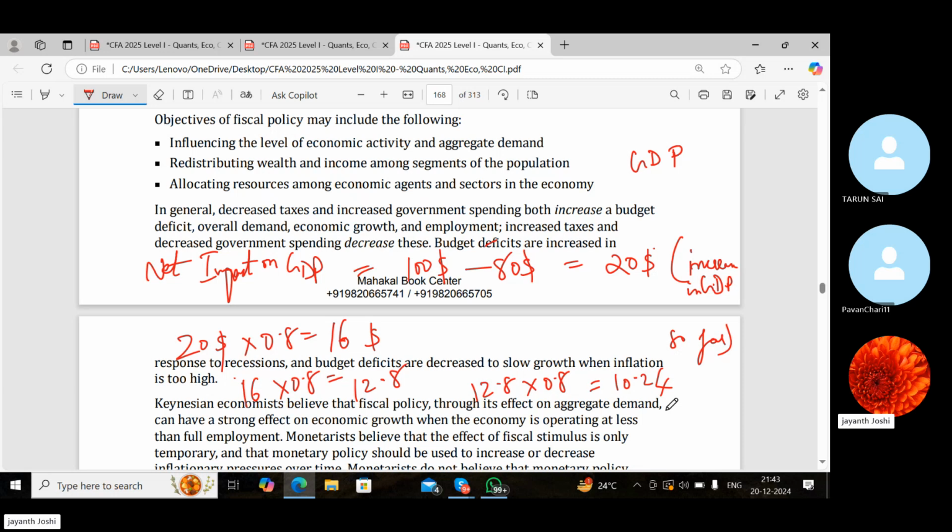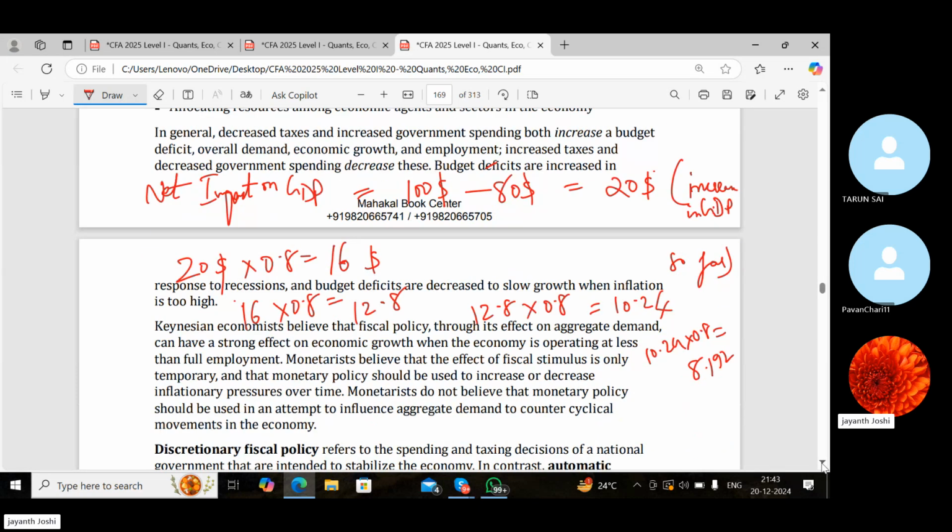So again, 10.24, times 0.8, you can calculate. 8.192. Again, 80%. 6.5536.